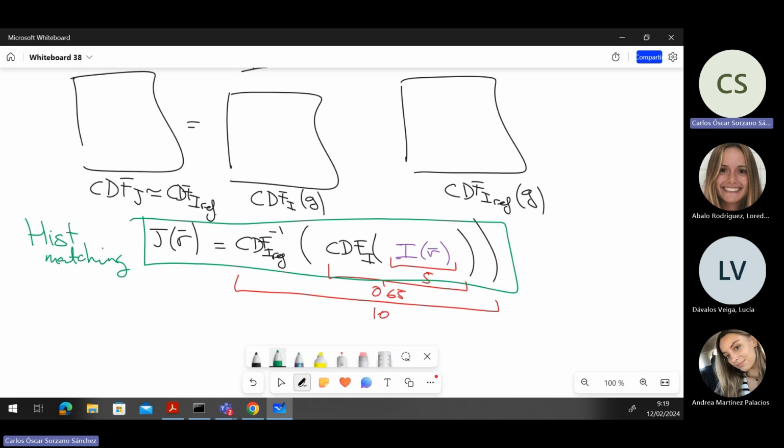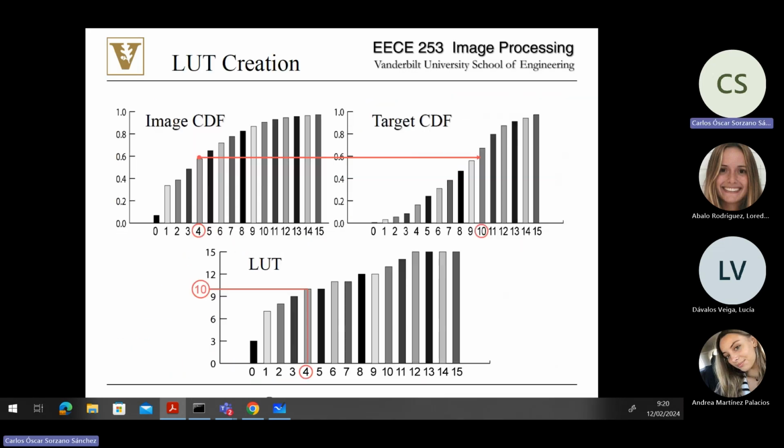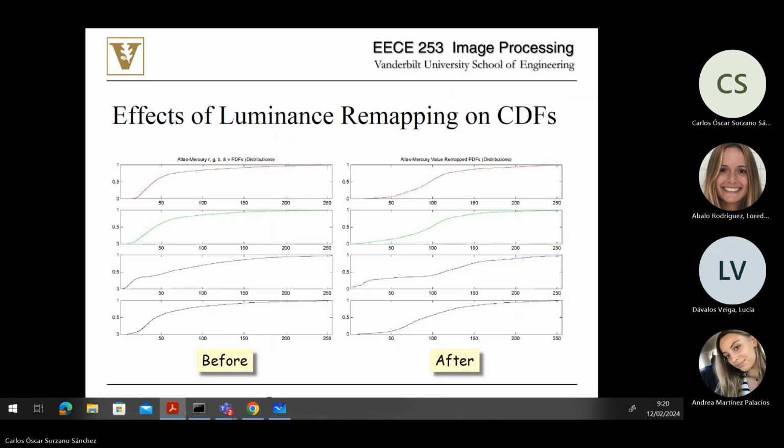And again we understand that we will not totally succeed in making the two histograms completely the same, because we didn't succeed with histogram equalization making it completely flat. But they will be more similar, and sufficiently similar.